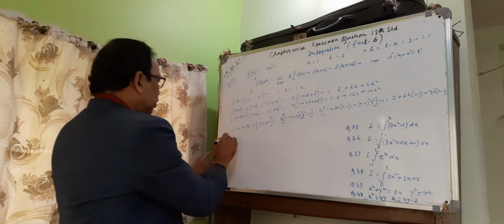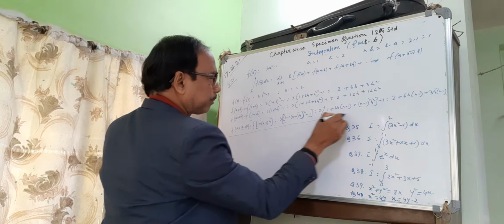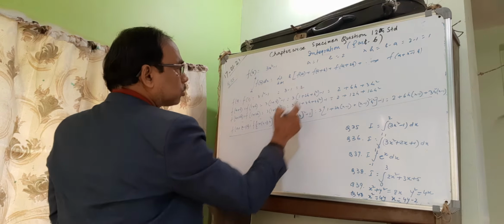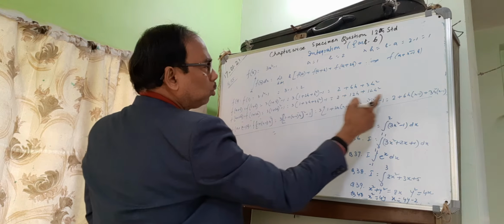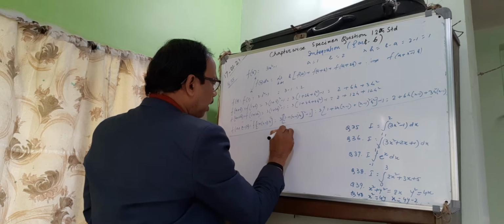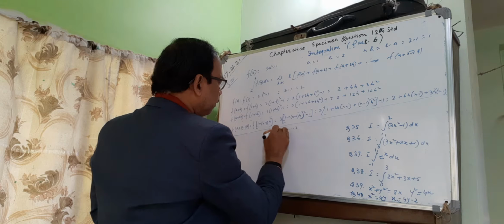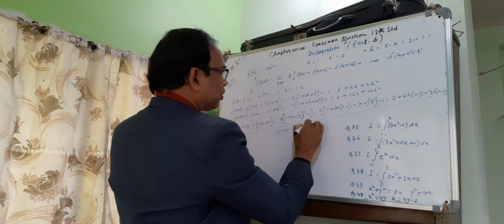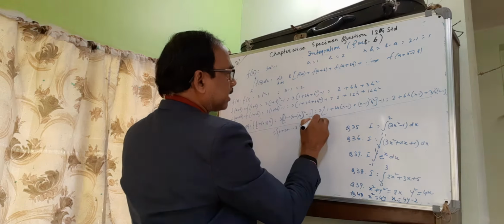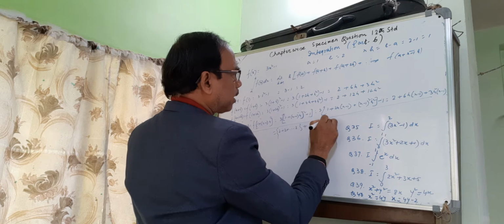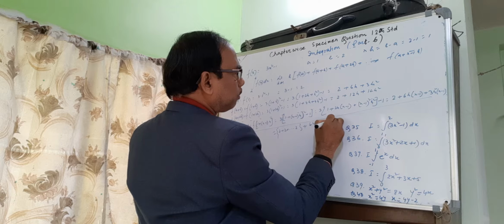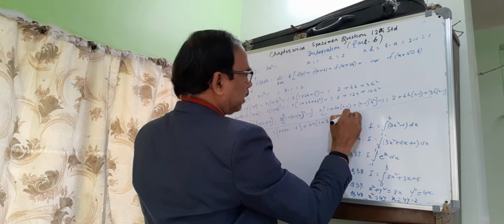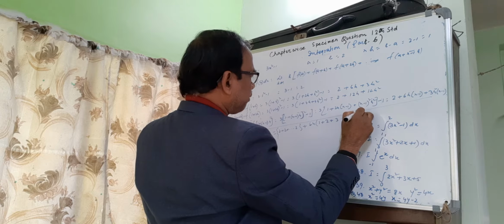Now add all of these. If we add all this, we get 2 plus 2 plus 2 and so on, n times 2. Then 6h is common: 6h times (1 plus 2 plus 3 and so on up to n minus 1).